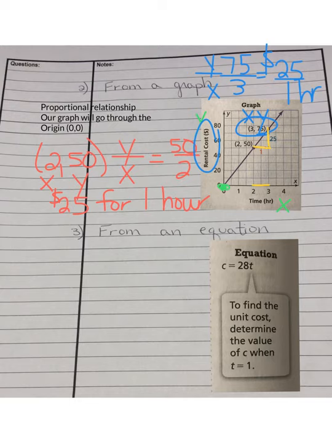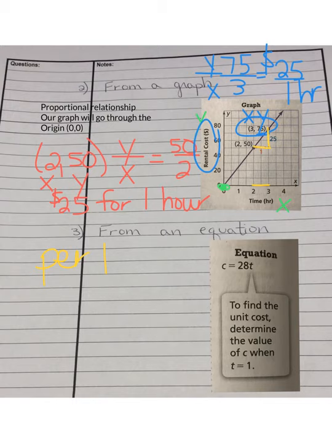Last, let's go ahead and talk about from an equation. So here is an example of an equation. Okay, and it looks like C here would be cost, so we'll just maybe say T is time. So if I have my equation here, what they're telling you to do is, remember, everything we've looked at is we want to look for that per 1 unit.